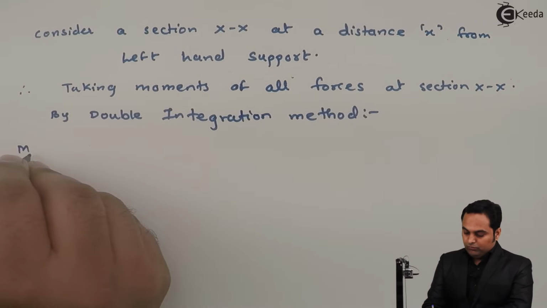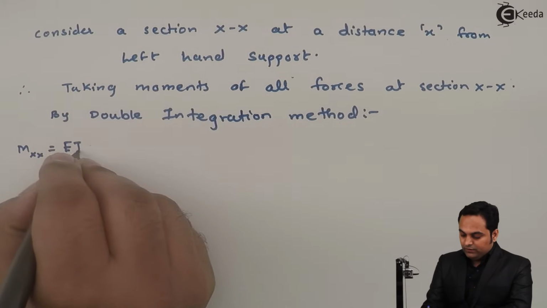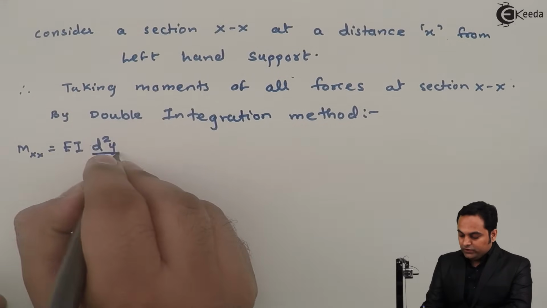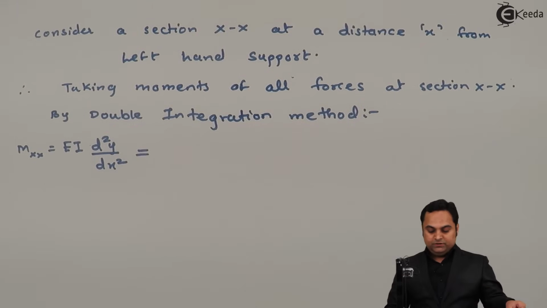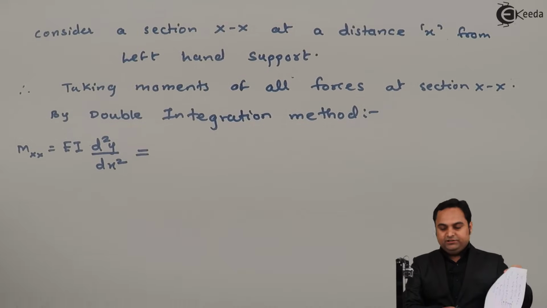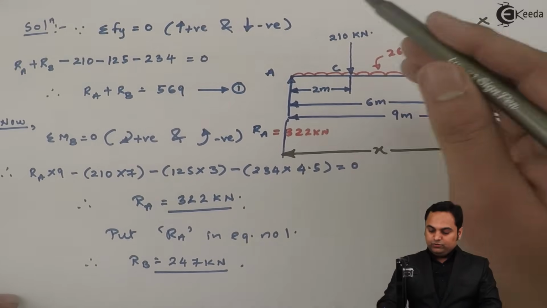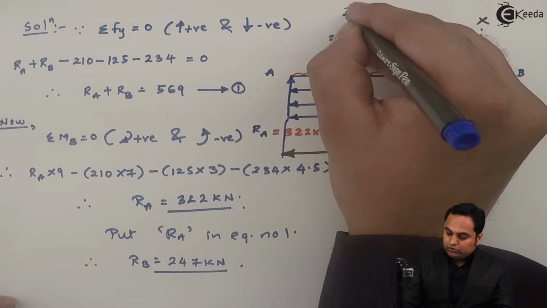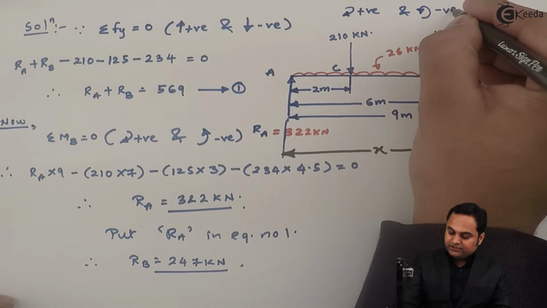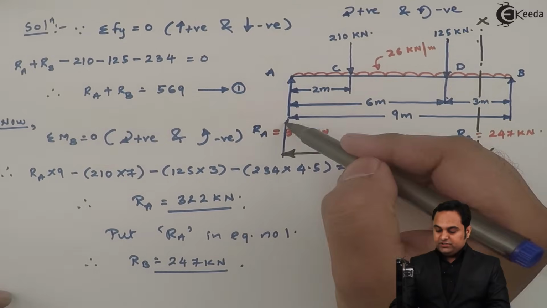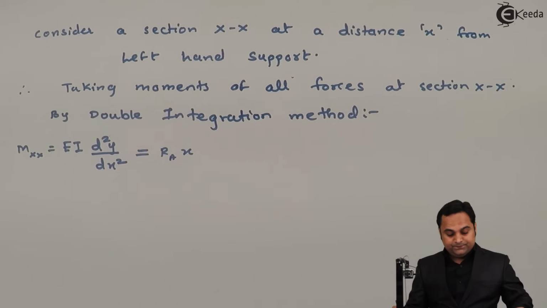So the moment at section XX is given by EI d square y by dx square, and that is equal to, now here when I am taking the moment at section XX, I will consider all clockwise moments as positive and anti-clockwise moments as negative. So the first thing is RA into x, clockwise.